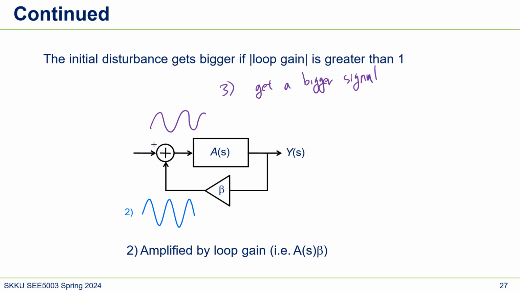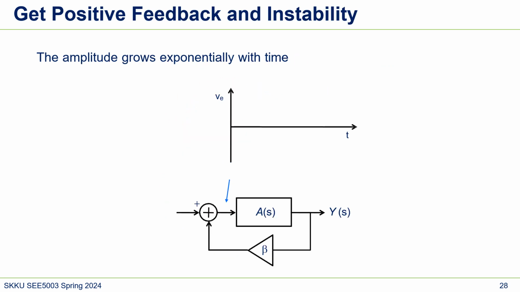So it's getting bigger because of this addition with the feedback. And then it goes back to here again, and it's getting bigger and bigger. So in a feedback system, if there is instability, what happens is that with a very small disturbance, the voltage here at E just gets larger and larger.